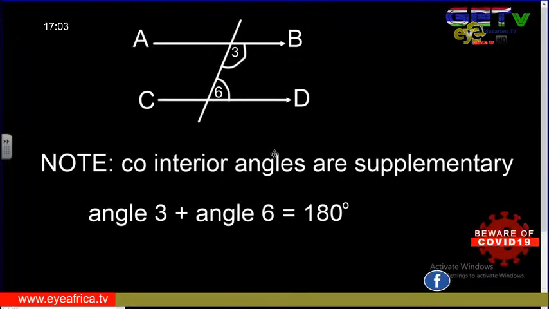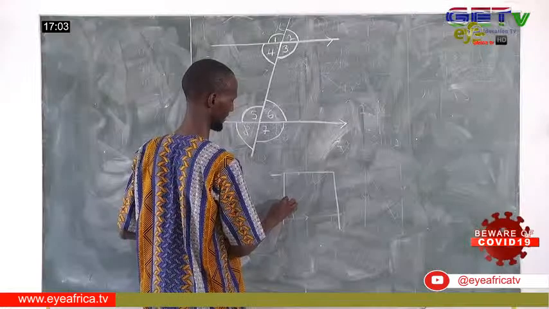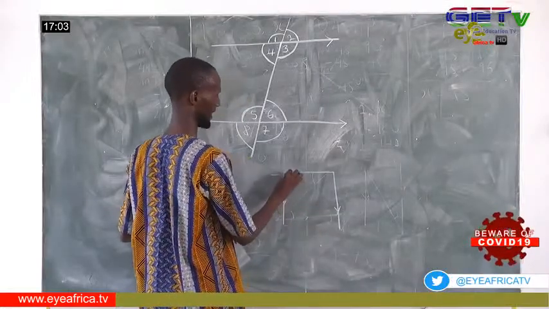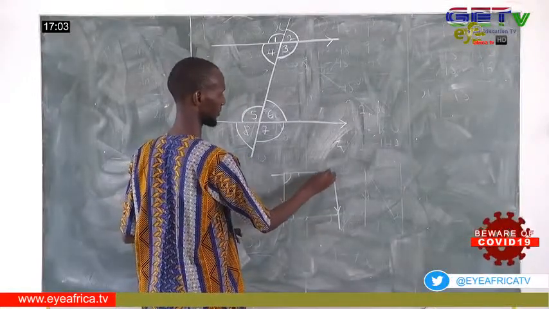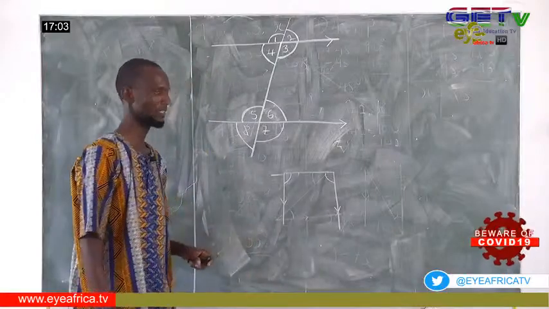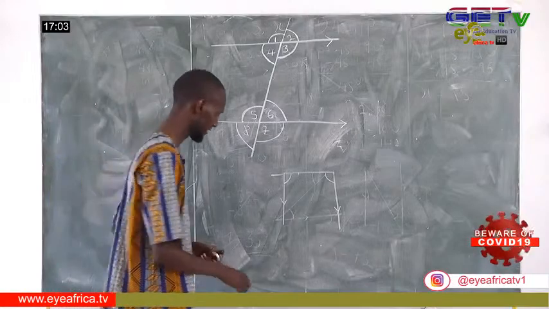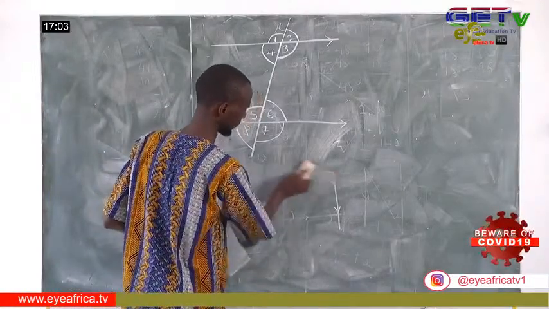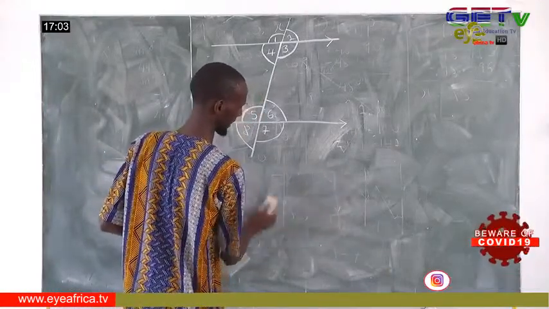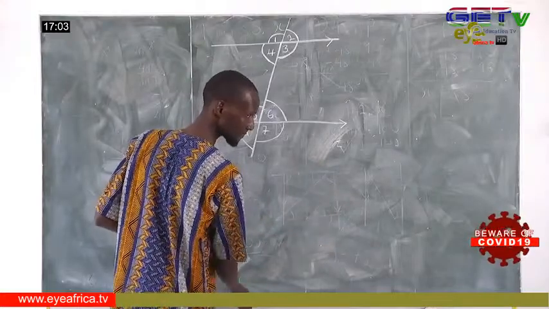Of course, if you have it in this form also, it comes to look like an N. If this line and this line are parallel, therefore this would be co-interior to that angle, okay? So co-interior angles are not equal. Instead, they are supplementary, which means they add up to 180 degrees.